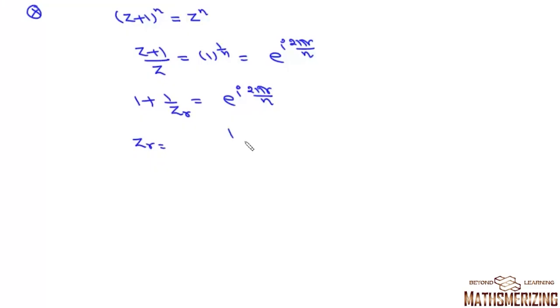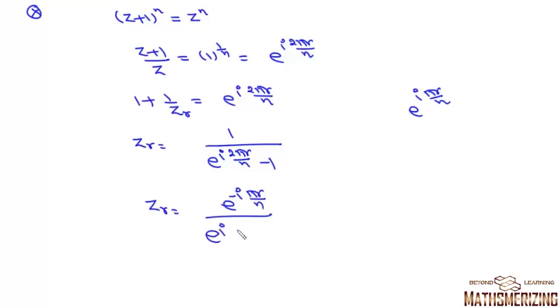Now we can write zr as 1 upon (e to the power iota 2 pi r by n minus 1). Now what we'll do is we'll divide numerator and denominator with e to the power iota pi r by n. Then we can write zr as e to the power minus iota pi r by n upon (e to the power iota pi r by n minus e to the power minus iota pi r by n).